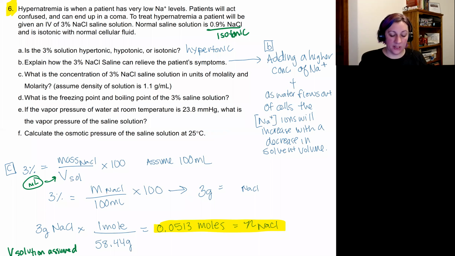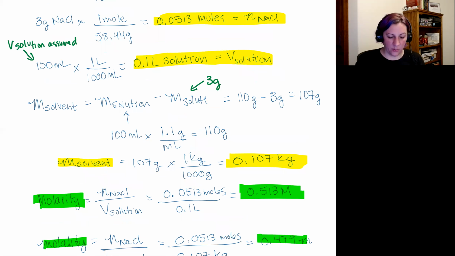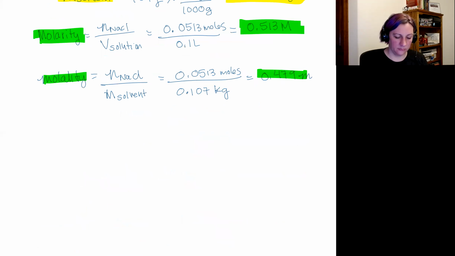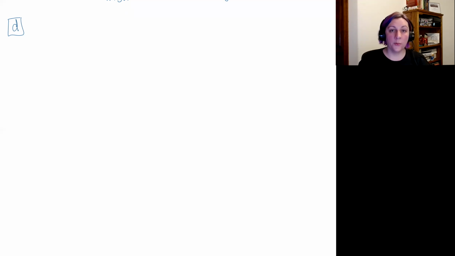What do the freezing point and boiling point of the 3% saline solution look like? So let's calculate the freezing point and the boiling point. For both of these, we're going to start from the pure solvent and find the correction factor to get to the freezing point or the boiling point of the actual solution. So we know that the freezing point for water is always equal to 0 degrees Celsius.